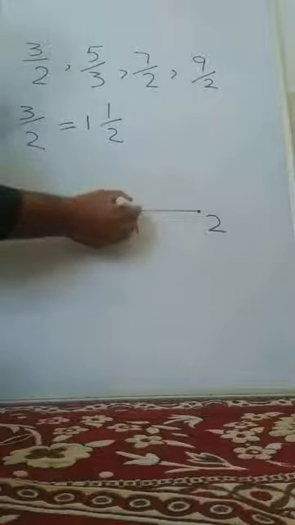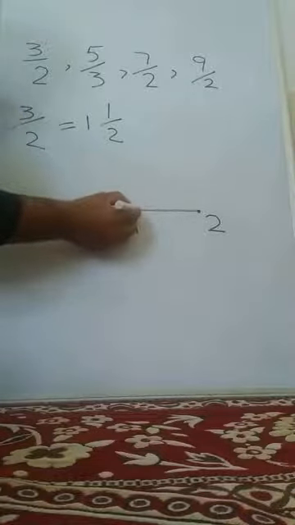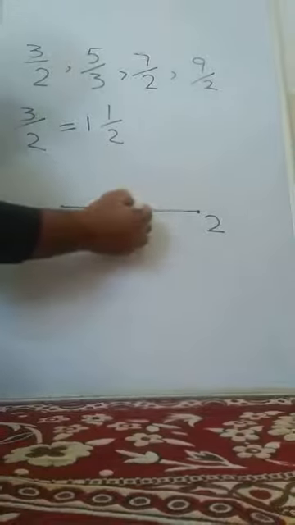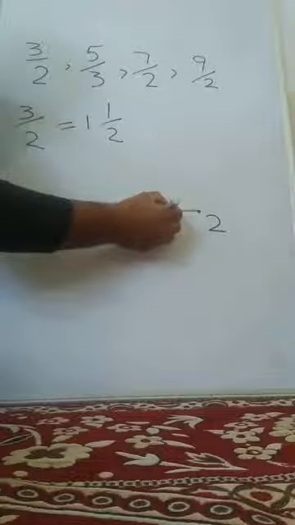Here is 1. We have to show 1 and 1 by 2. This point is 1. Now it is another 1. From this point to this point, it is another 1. Divide it into two equal parts. This point is 1 and 1 by 2.